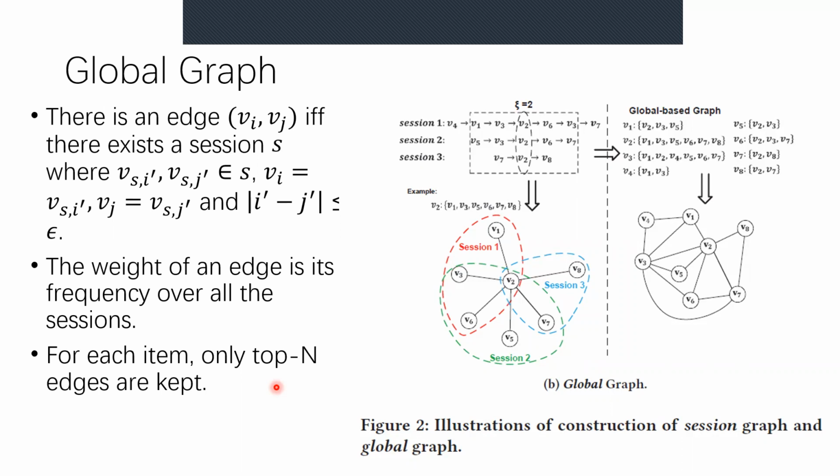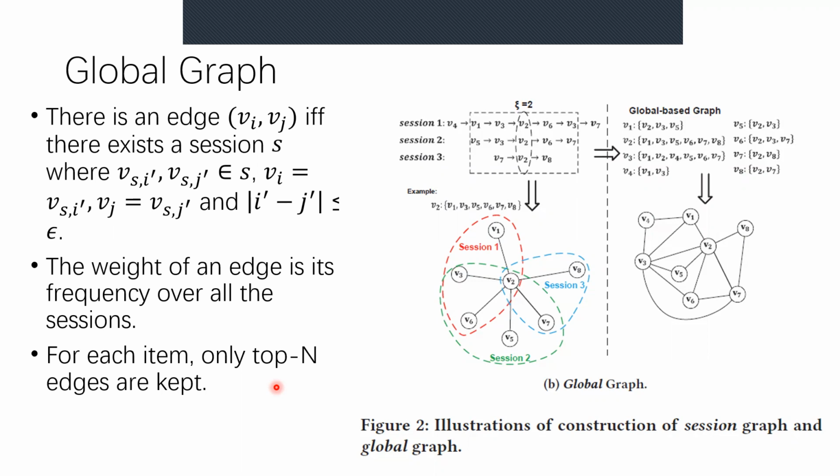So each session is kind of a random walk. That's what we have observed. So somehow we want to reconstruct the graph based on the walks that we have. That will definitely give us a bigger picture of what's going on. But if we just focus on one session and consider it as a sequence, that is just a very small view. So we don't really have that big picture.